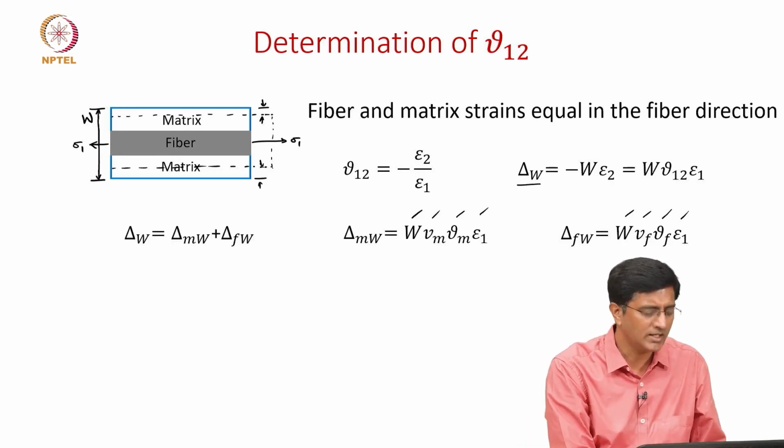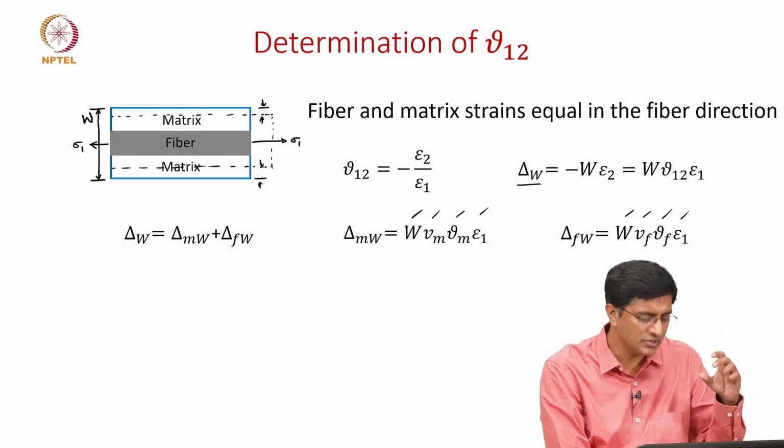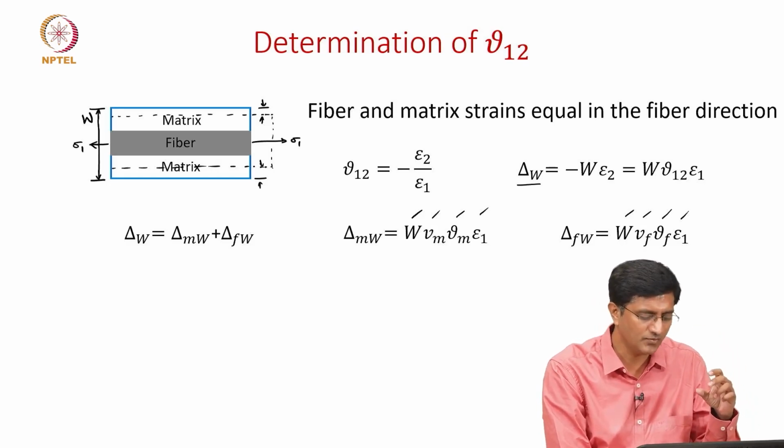So we start with saying that the total change in width is because of change in width in the matrix plus change in width of the fiber.